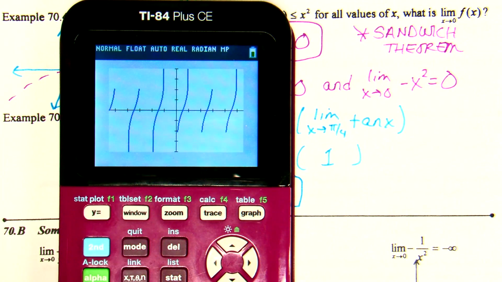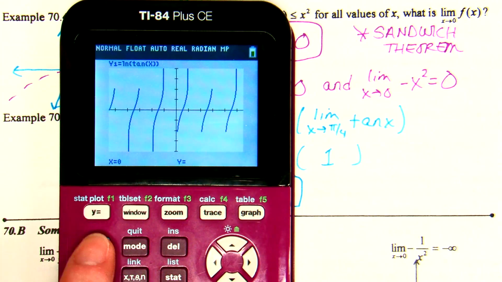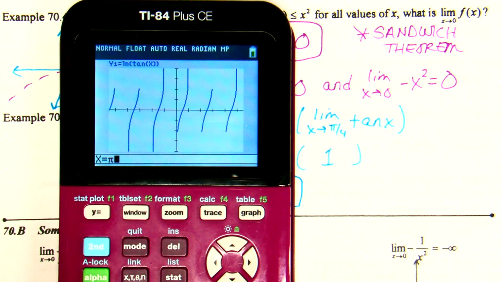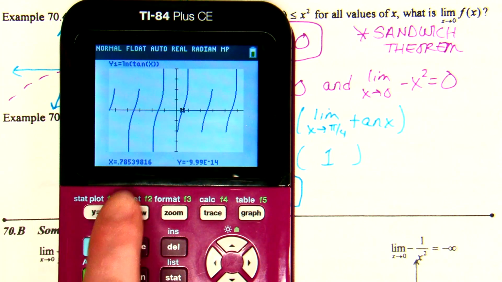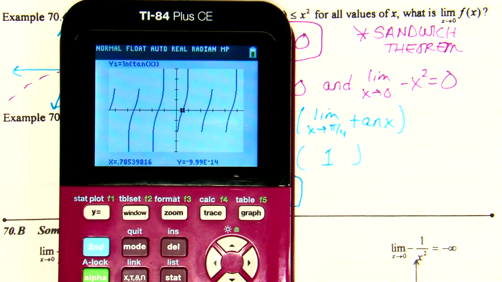Hard to know. Do you remember how if you hit trace, you can type in an x value? So I can type in pi divided by 4 and hit enter, and it'll give me the y value.